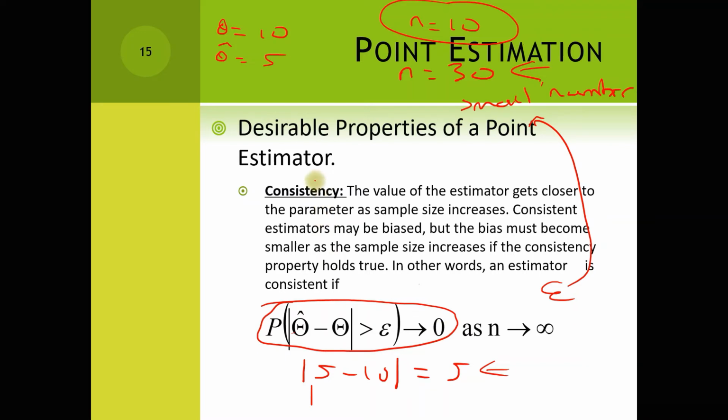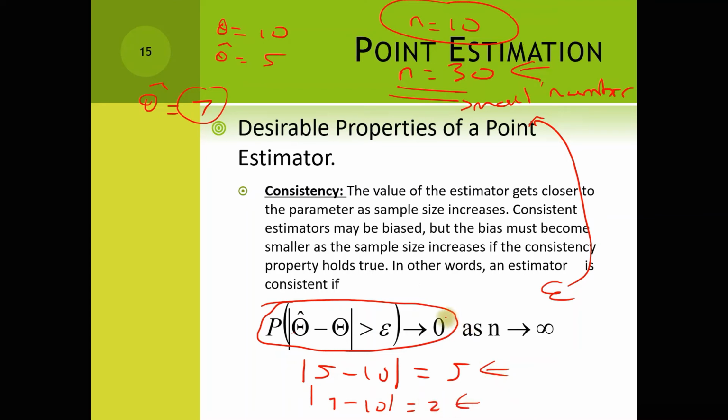Which means that if my sample size is 30, now if I'm estimating theta, I'm not expected to get, for example, 5, but I'm expected to start to get something like 7, where now if I take 7 minus 10, I get 2.